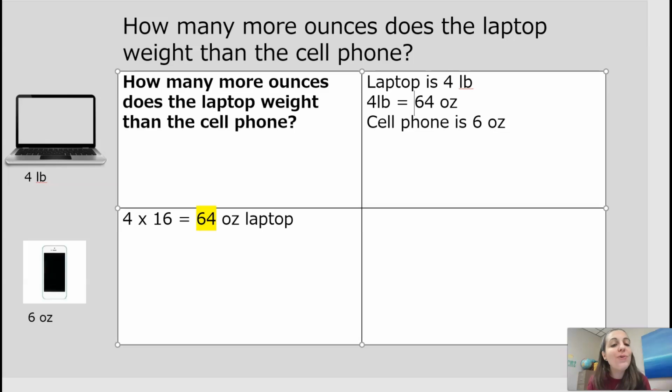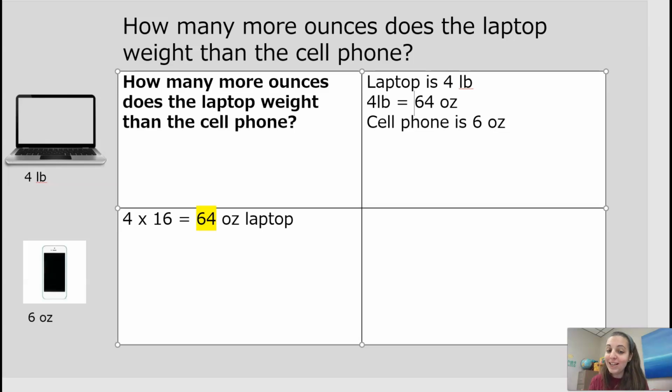So now I know that the laptop is 64 ounces and the cell phone is 6 ounces. The question is, how many more ounces does the laptop weigh than the cell phone? Yes, the laptop is heavier than the cell phone. So how much heavier? What is the difference between them?